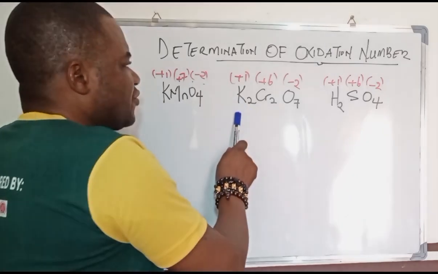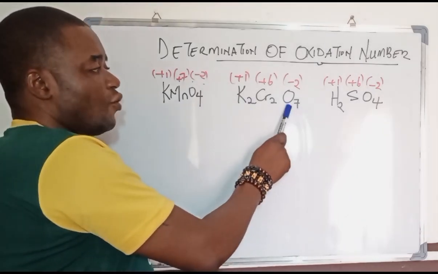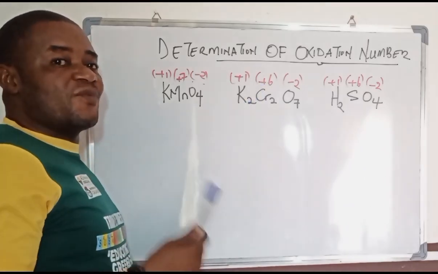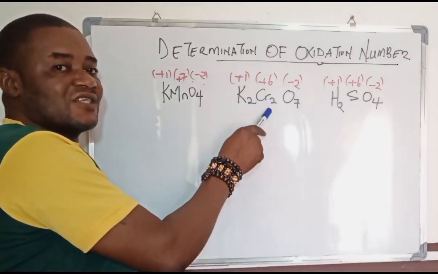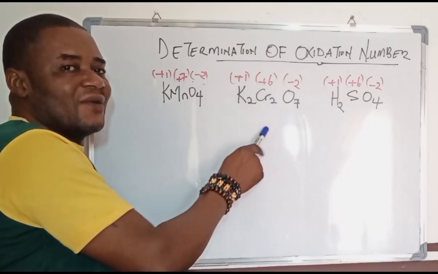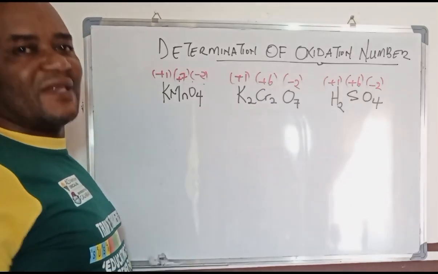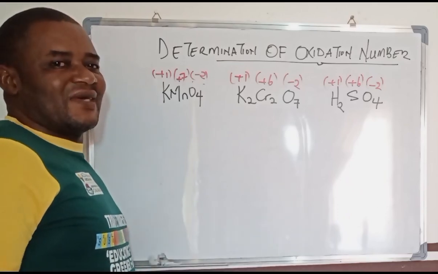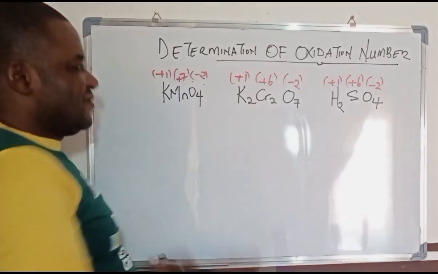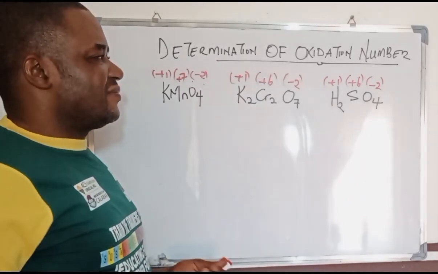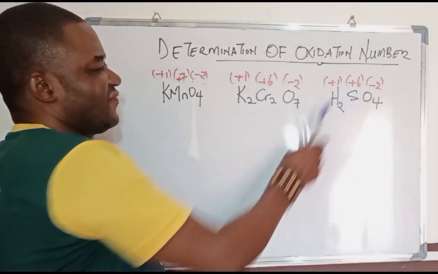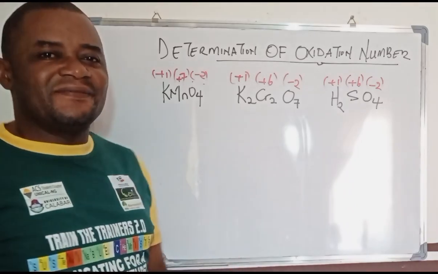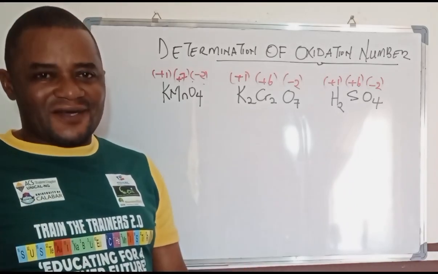And here too, you also have potassium heptaoxodichromate 6. You see that the compound is named with respect to the oxidation state of chromium in this compound. Now, how do we come about all this? How do we come about iron 3 chloride, iron 2 chloride, manganate 7, chromate 6, sulfate 6? We can calculate this. Let us see how we can calculate this.